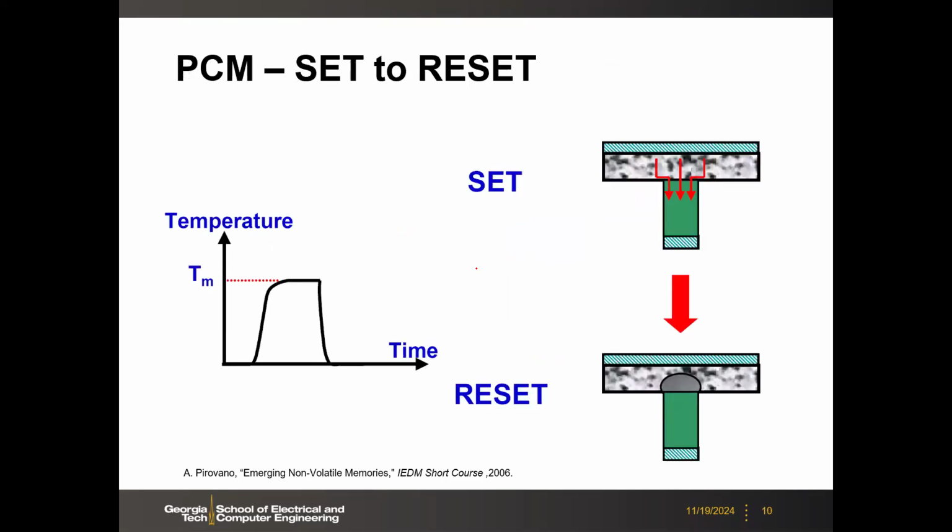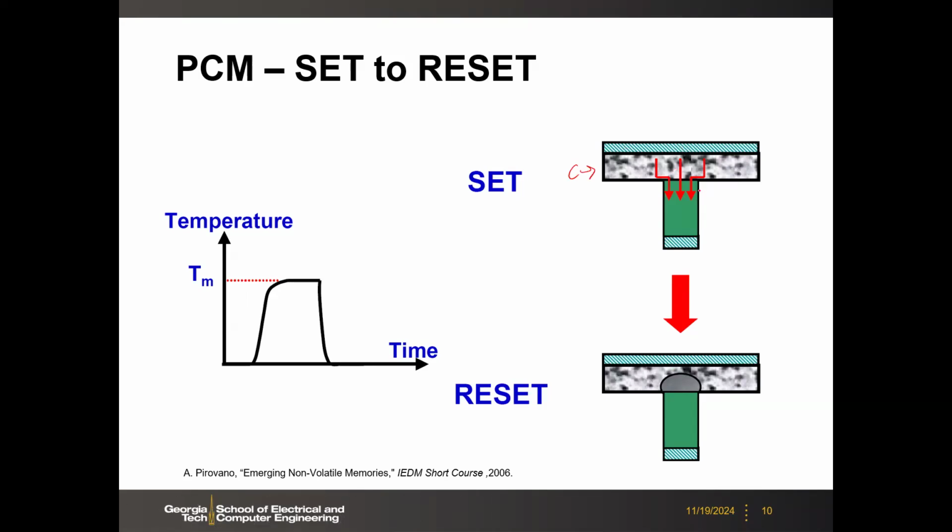So here, let's look at some animation. As I said, eventually you want to generate this kind of temperature profile. This is the melting temperature you are going to reach. In the reset process, let's say you apply a large current through this crystalline phase.